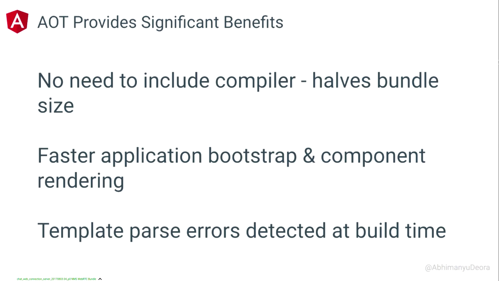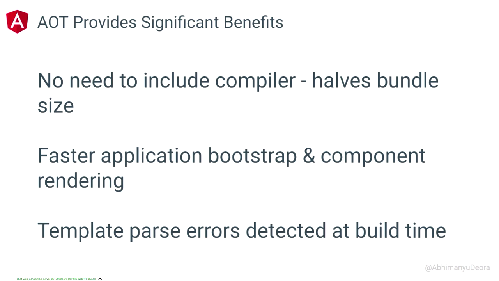This has pretty significant benefits because you don't need to include the template compiler, and for smaller apps, it can reduce the bundle size. As your applications grow, this isn't necessarily true because the compiler is a fixed size, but you get additional benefits such as faster application bootstrap and component rendering because all of the JavaScript doesn't need to be parsed, interpreted and compiled. You can just go ahead and run your application.